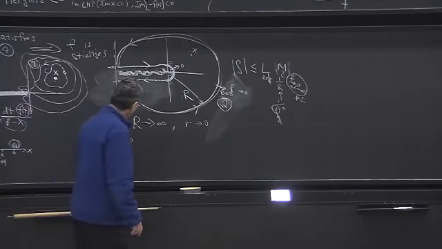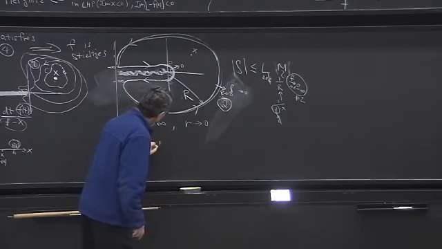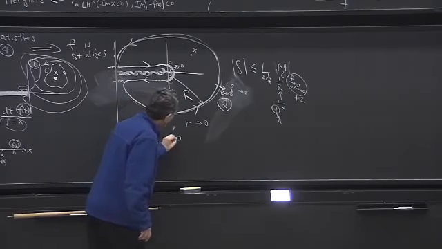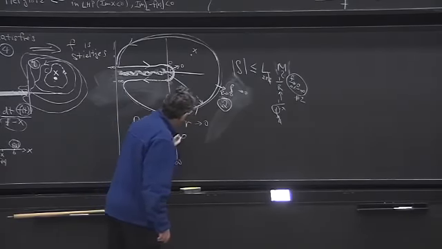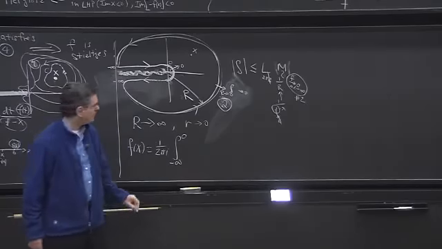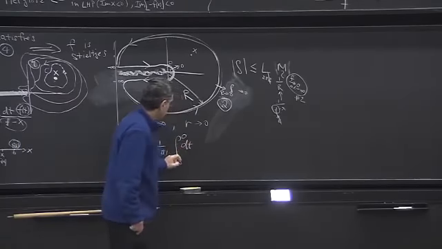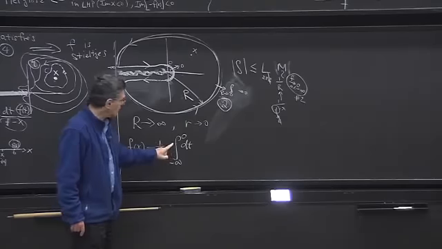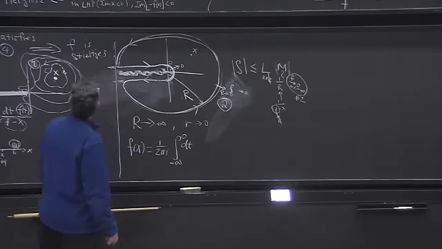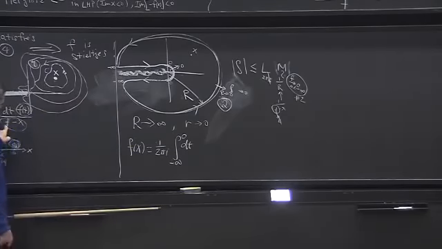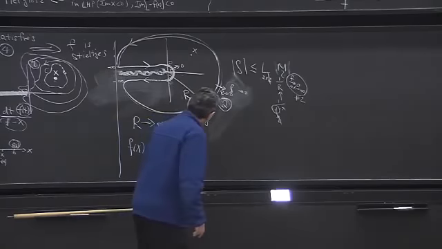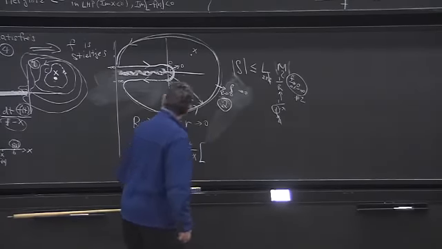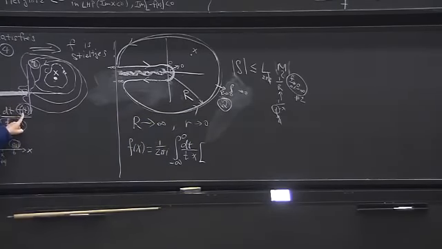So we have just shown that f of x is 1 over 2 pi i times an integral from minus infinity up to 0, dt, and this is a real integral, over t minus x, of f of t.